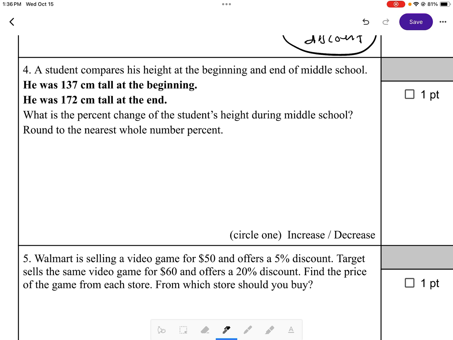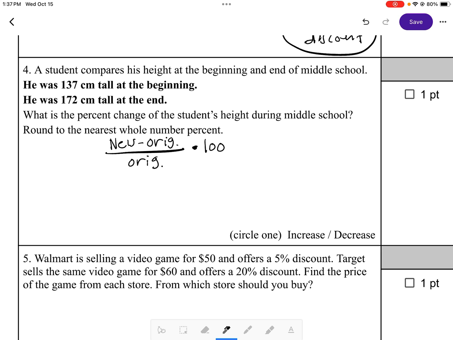Okay, so remember percent change, similar to percent discount. When we do percent change, we're doing the new minus the original divided by the original times 100.